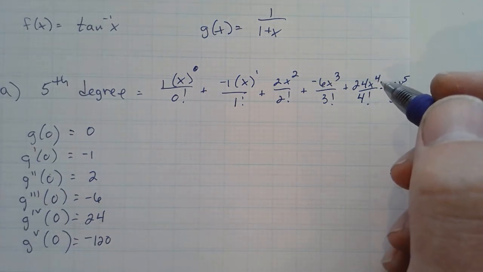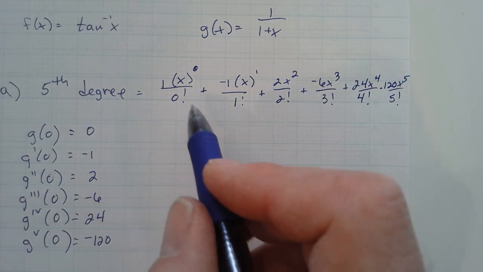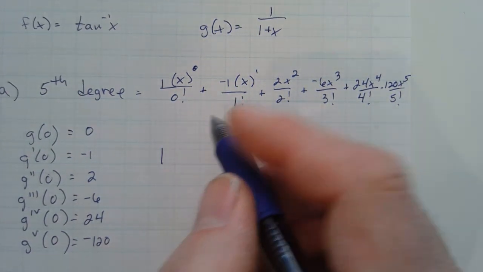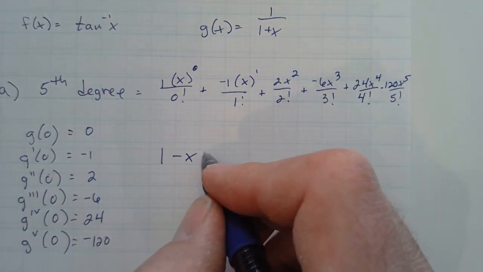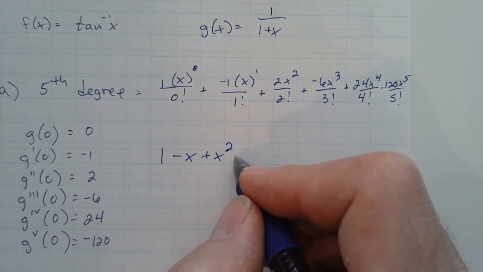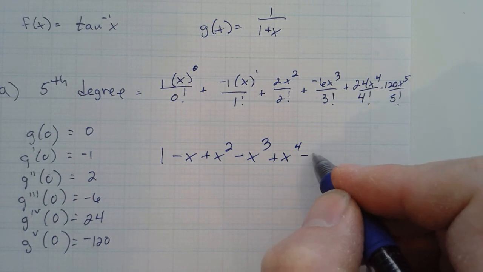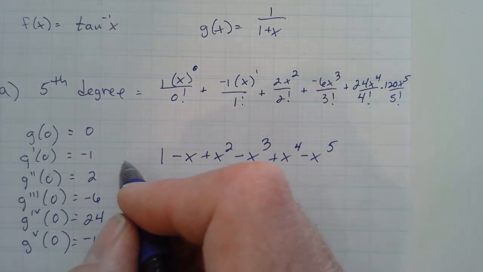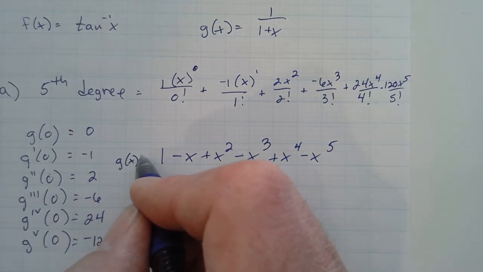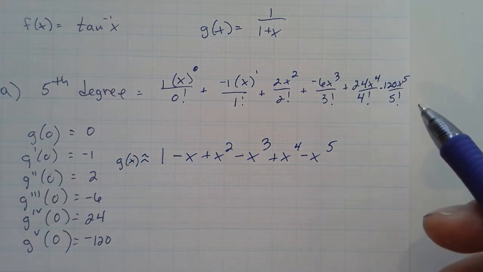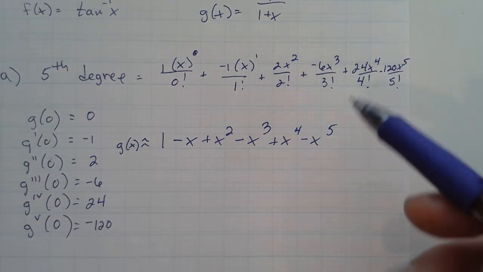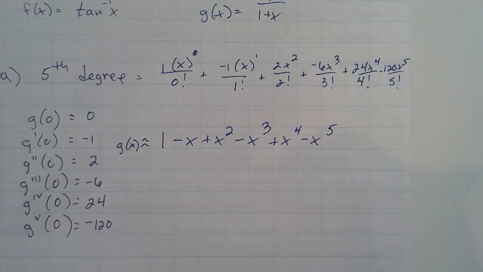That will just become 1 minus x plus x squared minus x cubed plus x to the fourth minus x to the fifth. So g of x is approximately that. There's a fifth degree Taylor or Maclaurin polynomial to approximate g of x.